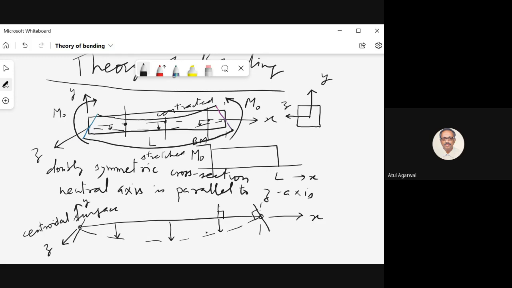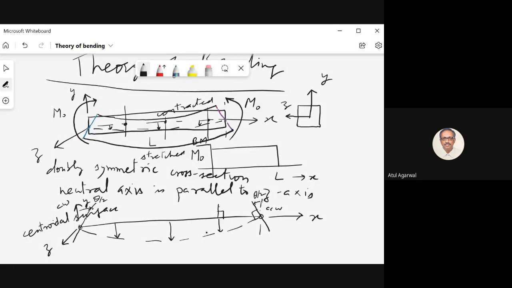Now, this rotation, we assume it is theta by 2. So this is also theta by 2. So this is theta by 2 counterclockwise. So this is theta by 2 clockwise.